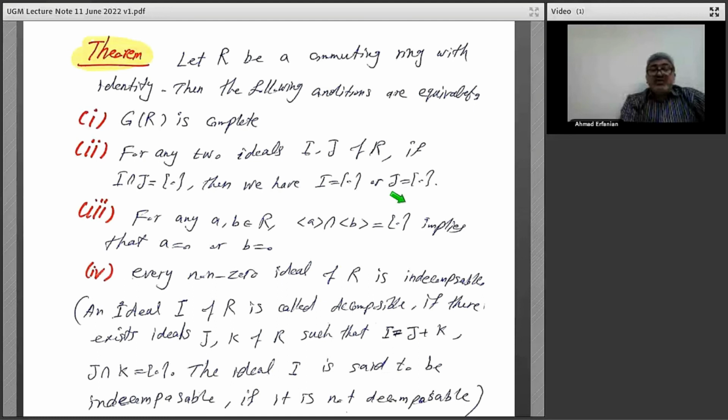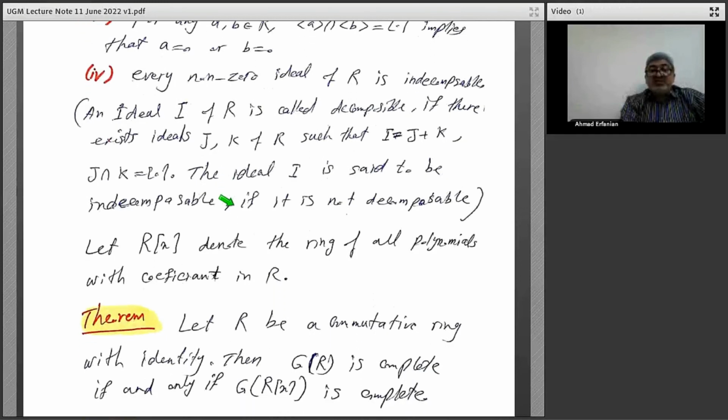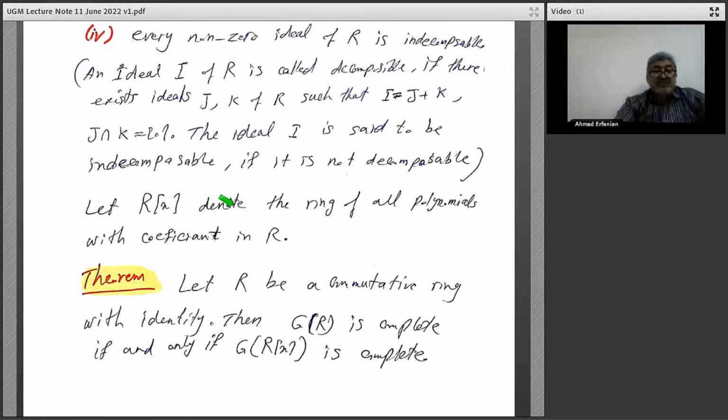And for principal ideals generated by a and b, if the intersection is 0, then a or b is 0.